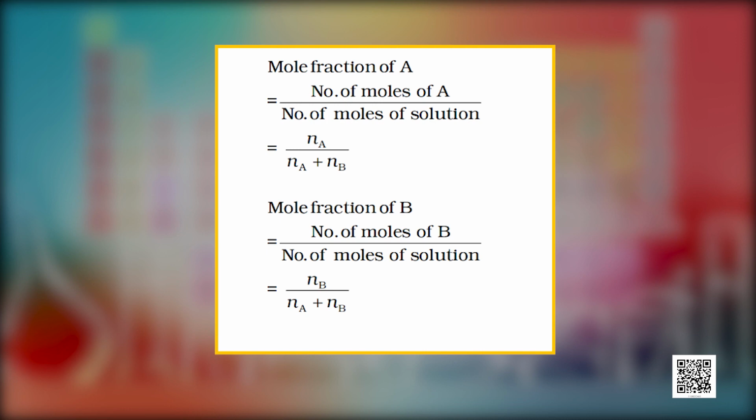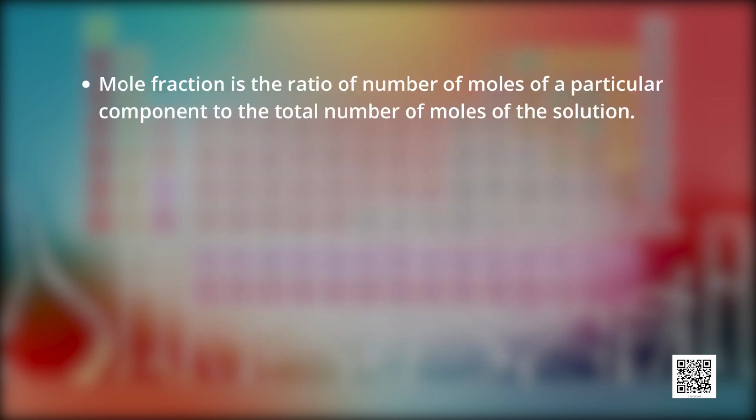In the similar manner, if we want to calculate the mole fraction of B, it is number of moles of B divided by total number of moles in the solution. So it is equal to Nb divided by Na plus Nb. So mole fraction is the ratio of number of moles of a particular component to the total number of moles of the solution.